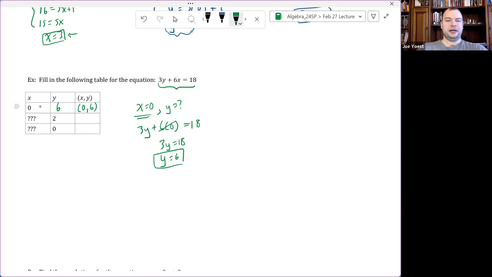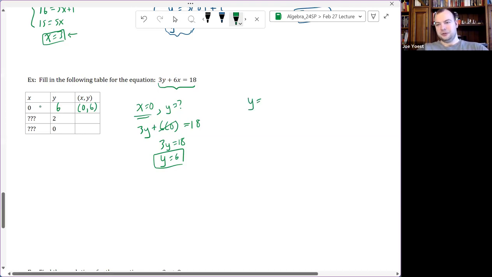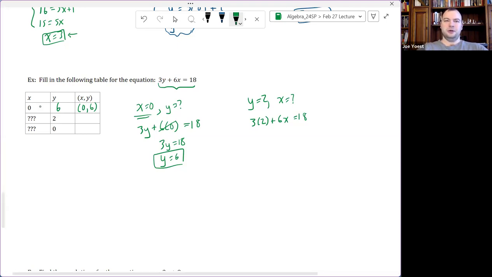If I want to know what value of x is associated with y equals 2, I plug in y equals 2, and I now have a linear equation in one variable for x. And I can solve this. What are my equation solving steps?